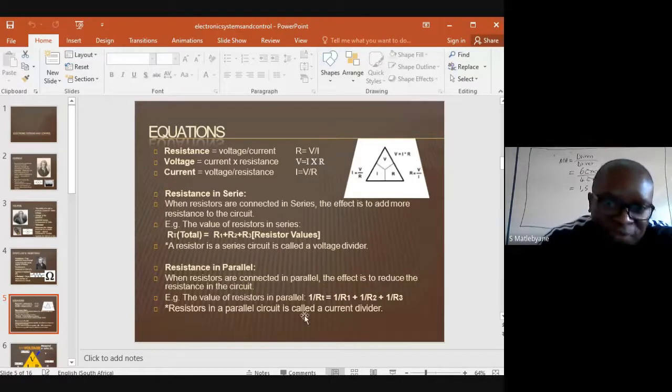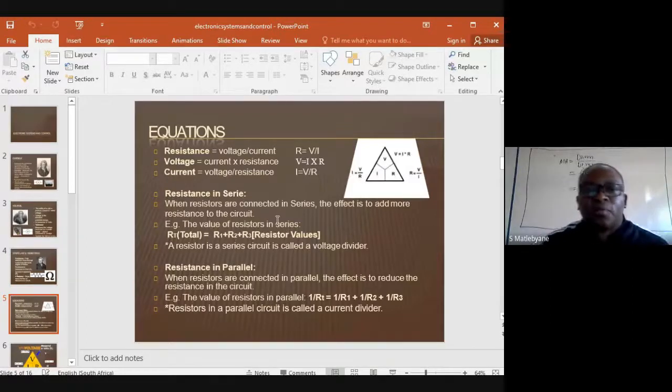So when they are in parallel and they say calculate the total resistance, this is the formula that you use, fractions. So this tells you that you cannot run away from mathematics, especially if you want to do physical science as well next year. Now, the last part there, resistors in a parallel circuit is called a current divider.